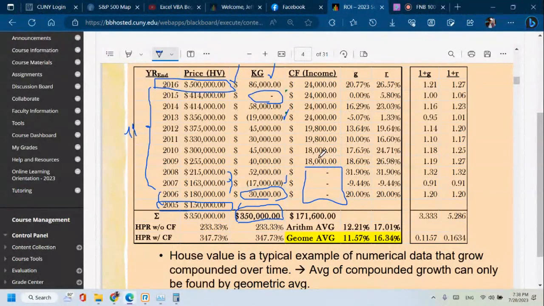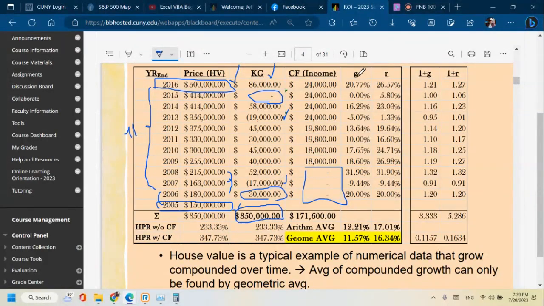So scenario one is the case where you buy the house and use it as your home. No rental income, no cash flow there. In scenario two, you live in the house, but you also rent it out. So there's additional income.